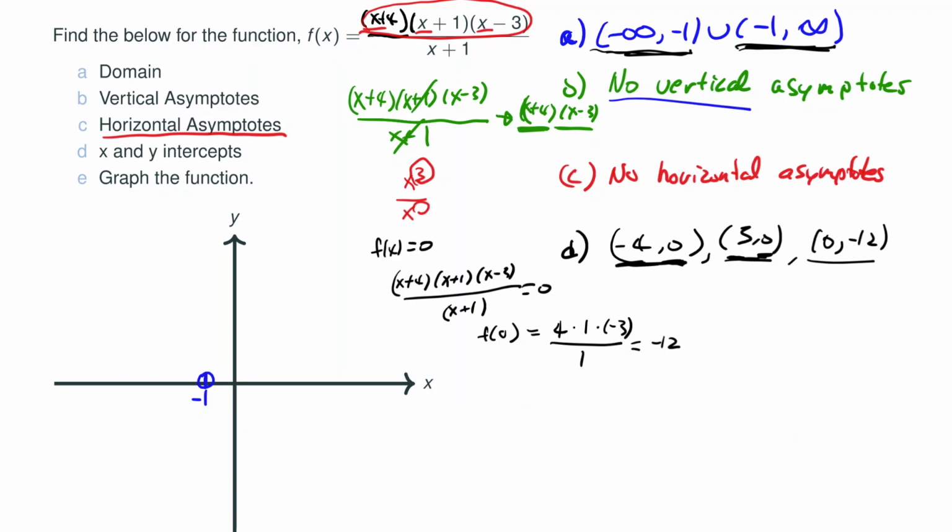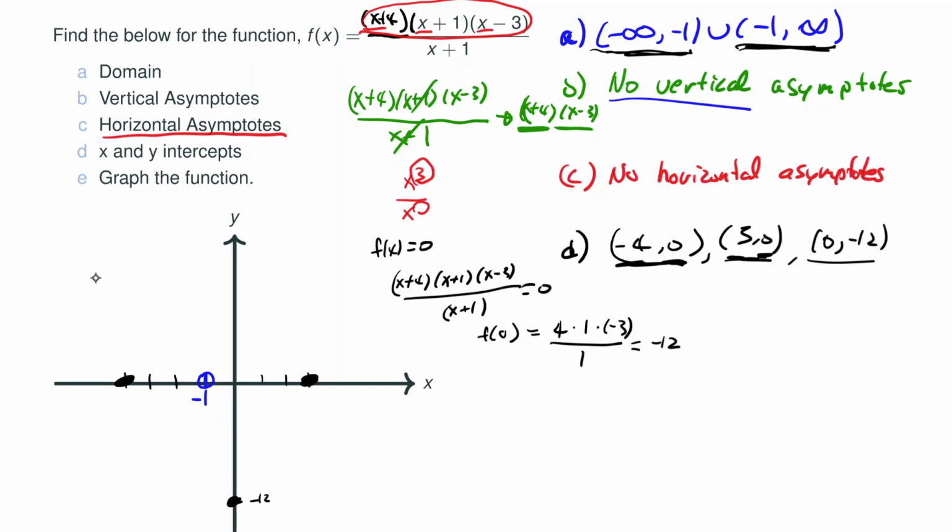Okay. So let's sketch this first and we can figure out. So this function has 0, comma negative 12. So let's say 0, comma negative 12 is here. And 3, comma 0, negative 4. Okay, so let's go through these 3 points, right?